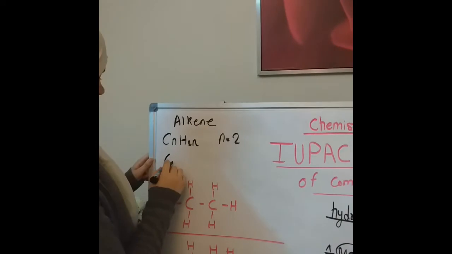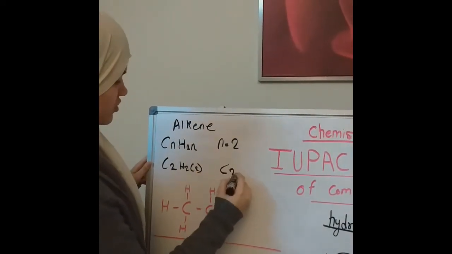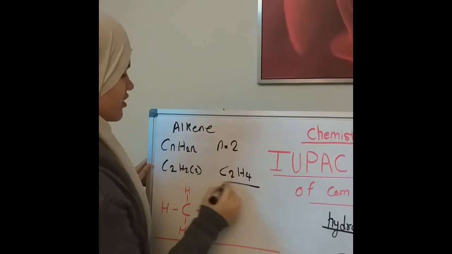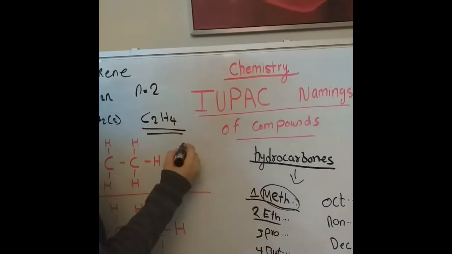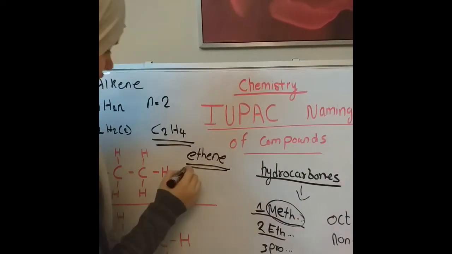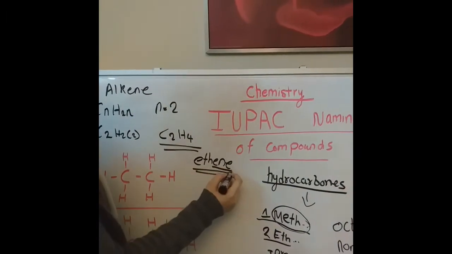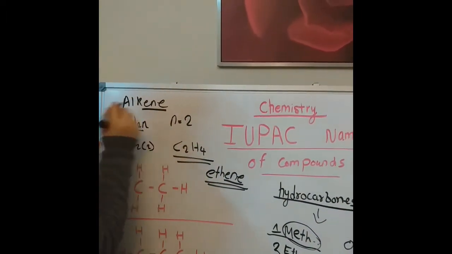Then we put C2H2 times 2. It will be C2H4. Its name will be ethene, with the suffix ene, because the formula is alkene.